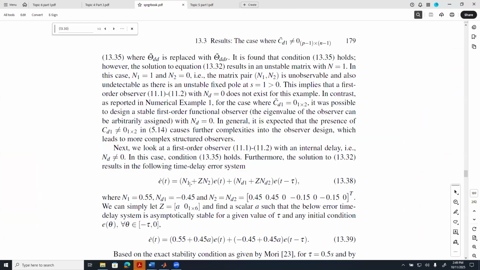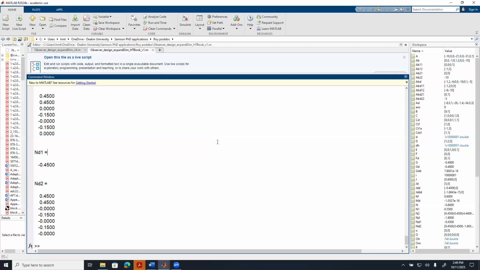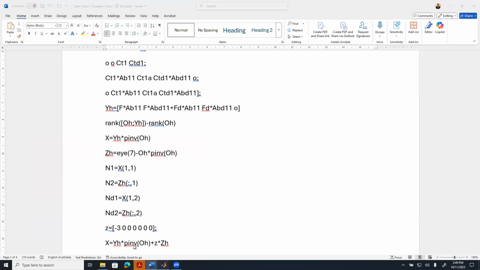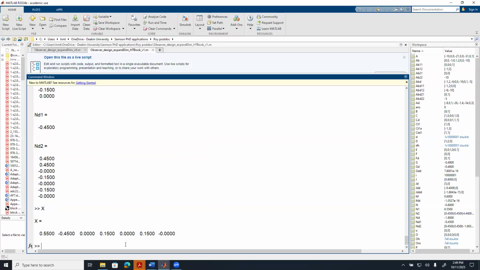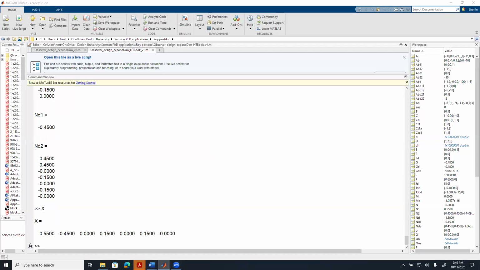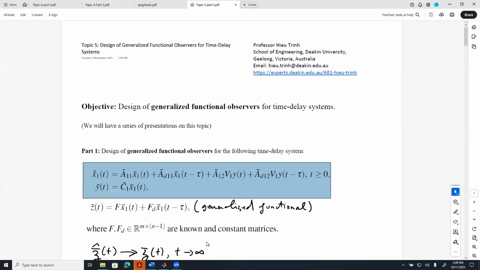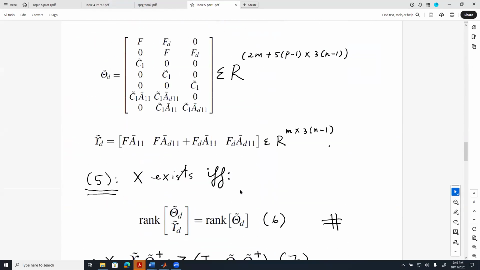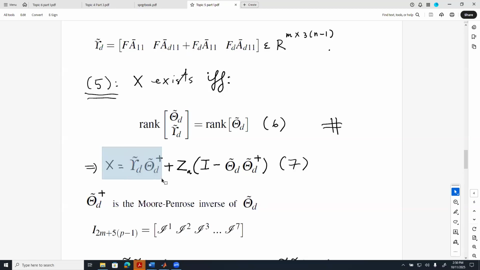So we solve for the solution, and when we solve for the solution, we obtain the matrix. We call it X here, and the freedom we have in there, we call ZH. So let's look at X here first. This one is the one that does not have that extra freedom, so we call that X there.